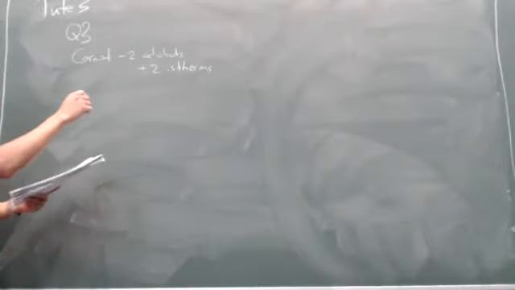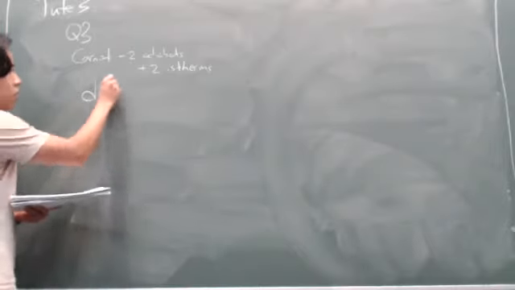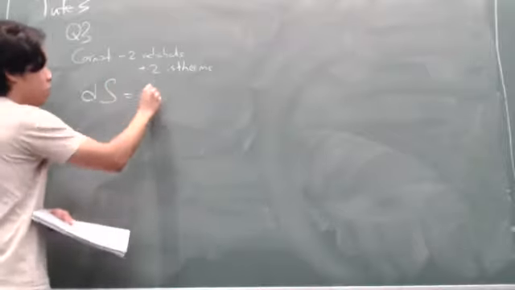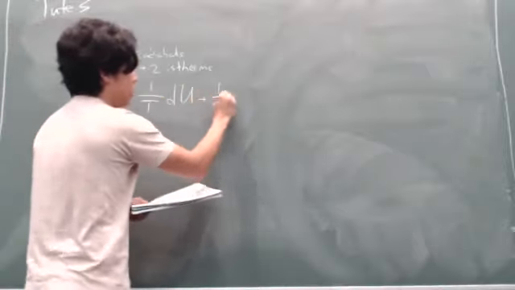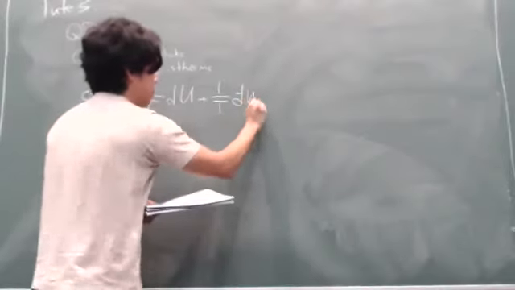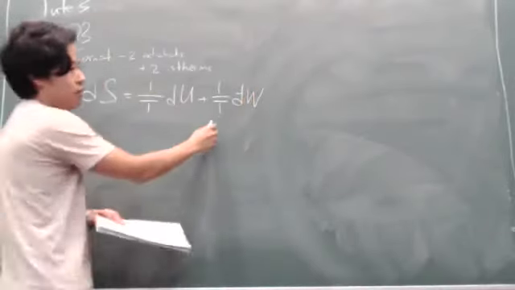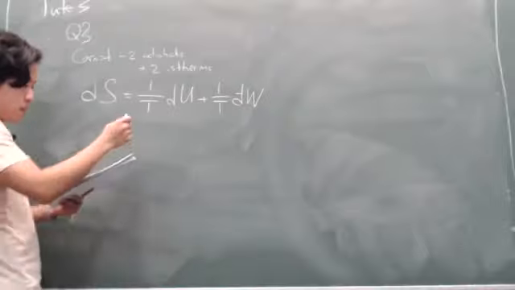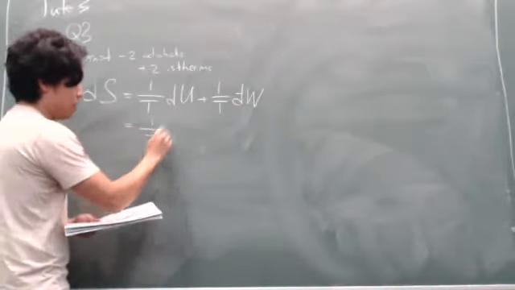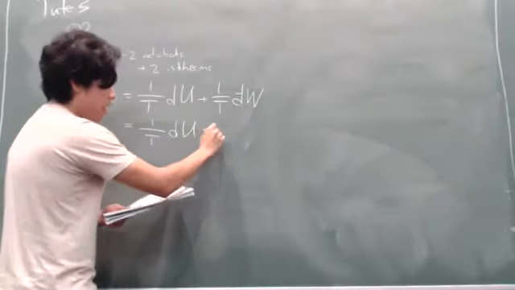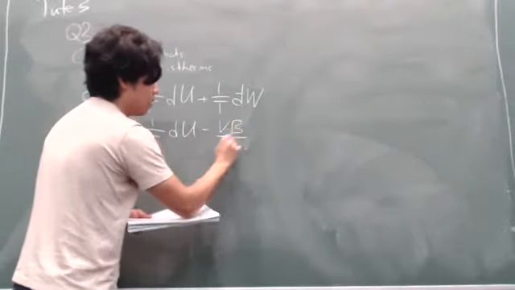So the way I picked it is, okay, the change in entropy is always going to be 1 on T dU plus 1 on T dW. So the question is, how do we pick this work? In this case, I take the U star definition. So I use 1 on T dU minus VB on T dm.